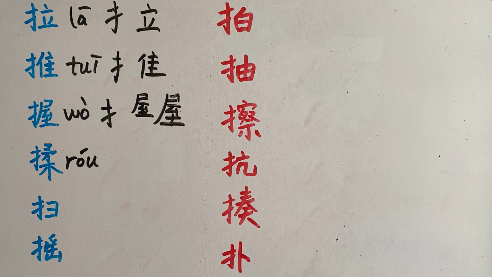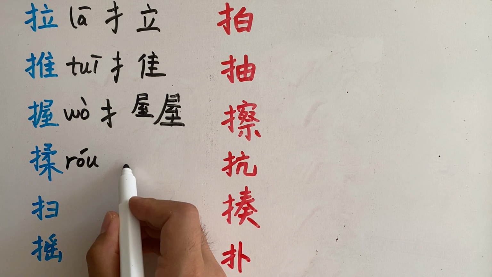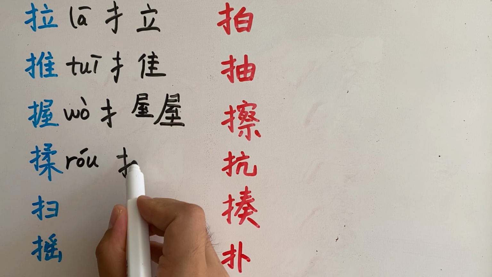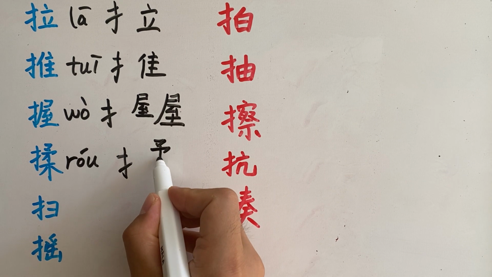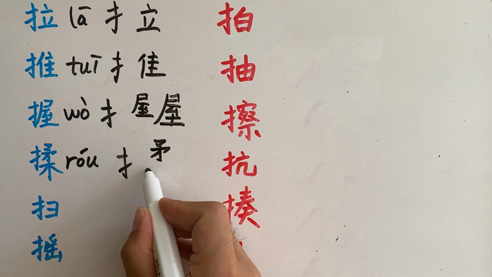Or if you bump into someone or you bump into the door, you feel uncomfortable, right? You have to use a hand to 揉一揉, rub, to have a rub. 揉. Okay, it's written like this, the left part, the right part.